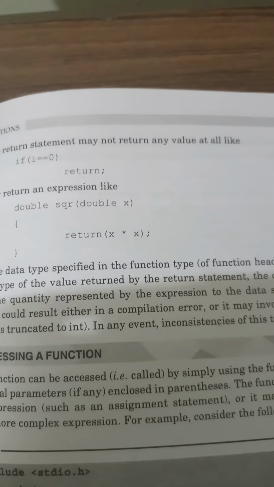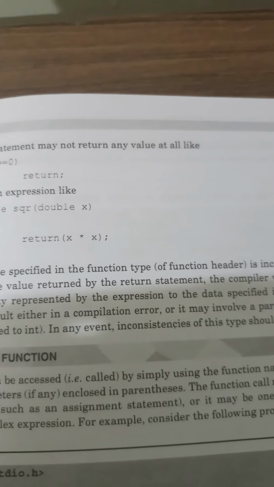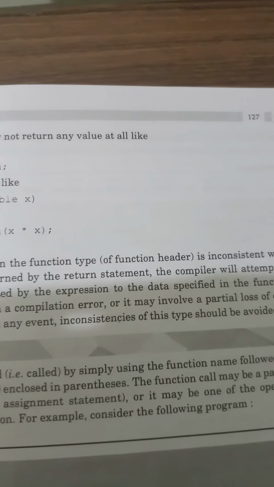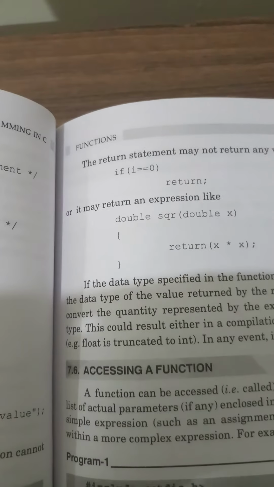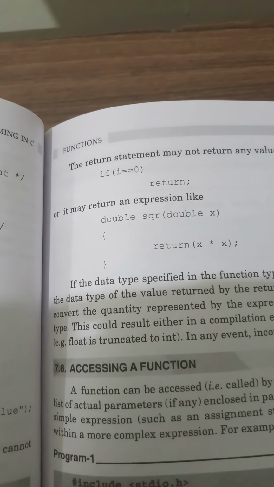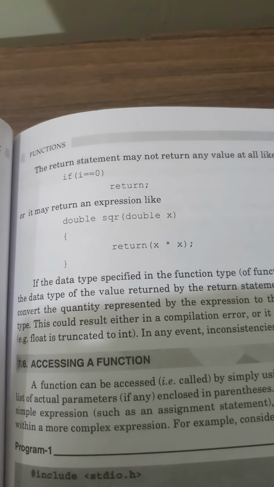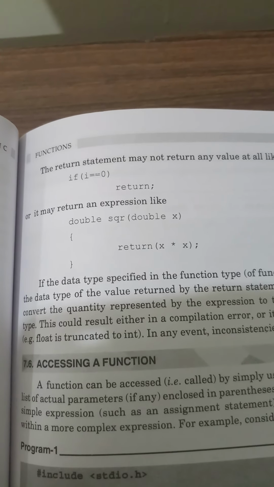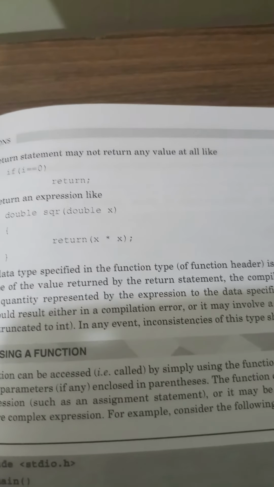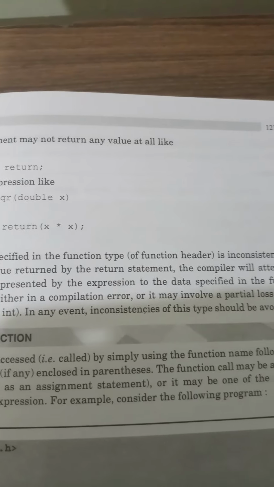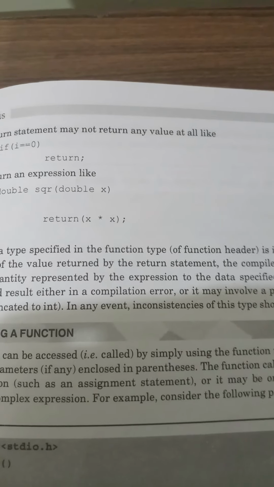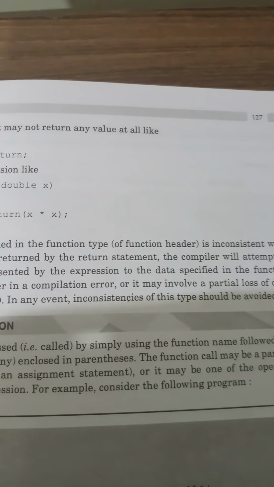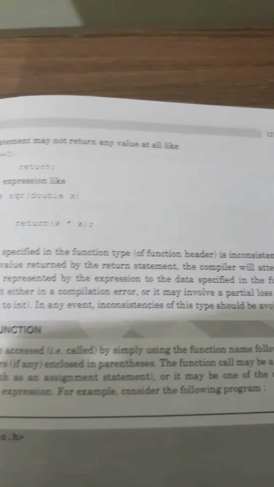This could result either in a compilation error or it may involve a partial loss of data, e.g. float is truncated to int. Float क्या है, float is truncated to int. In any event, inconsistencies of this type should be avoided.